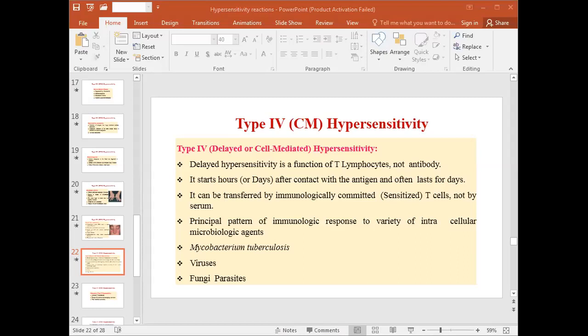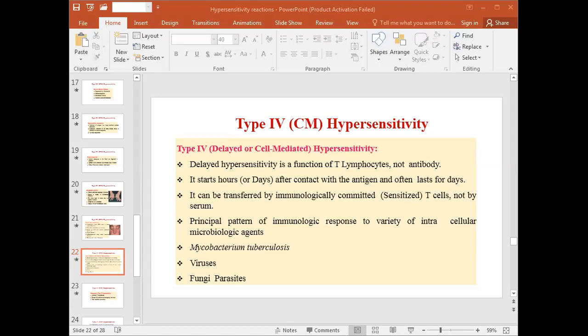Typically these reactions occur following contact of a sensitizing antigen with the skin, where the effects are seen as contact dermatitis. In this process, antigen is taken up by local innate immune cells such as macrophages, and these cells then act as antigen presenting cells and activate the antigen specific CD4 T cells.